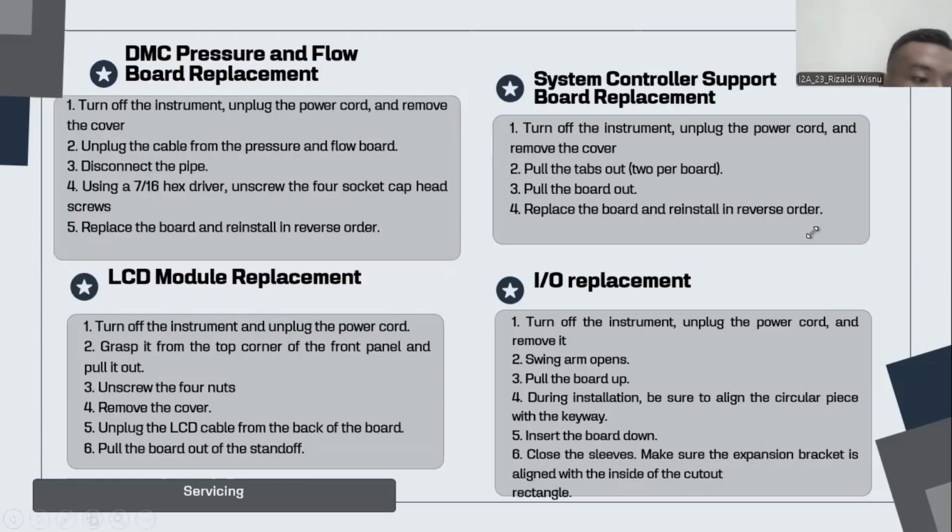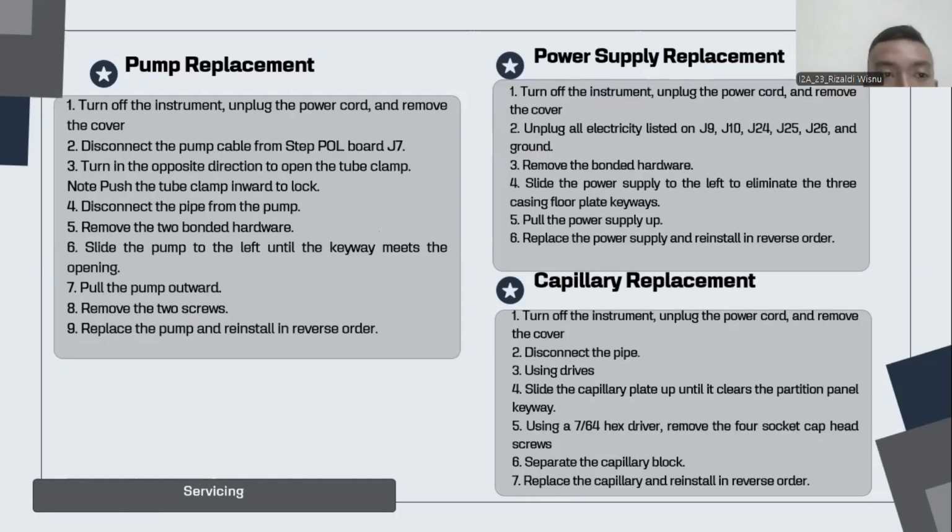Okay, here are various ways of servicing. They include DMC pressure and flow board replacement, system control support board replacement, LCD module replacement, EO replacement, pump replacement, power supply replacement, and capillary replacement.